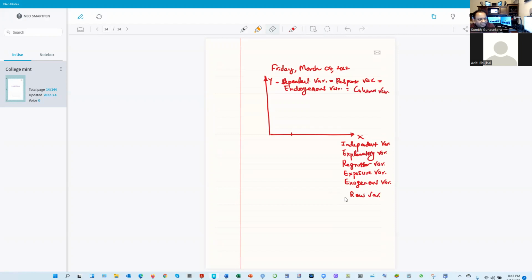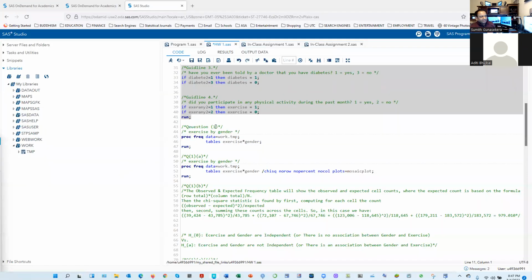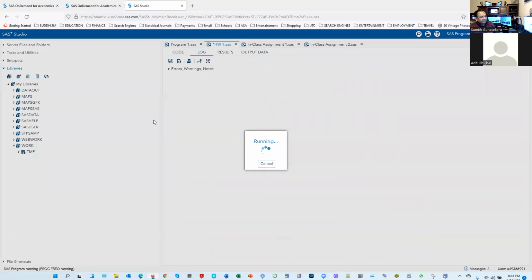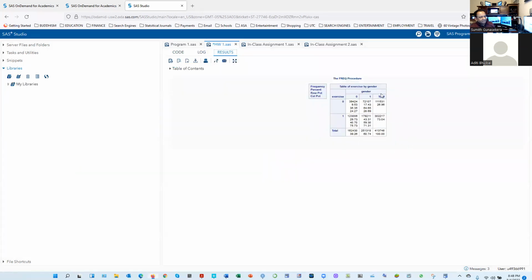In our example, we're going to get exercise by gender. We have two options, and then we go to exercise by gender. Let's run this one and see what's going to happen. Exercise is the independent variable in the first row, by gender.